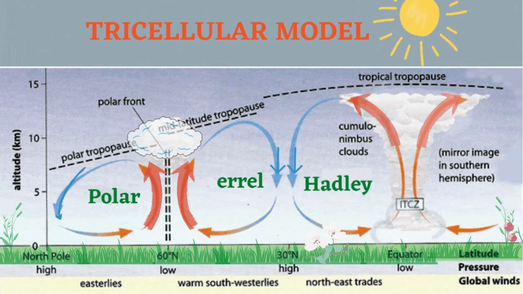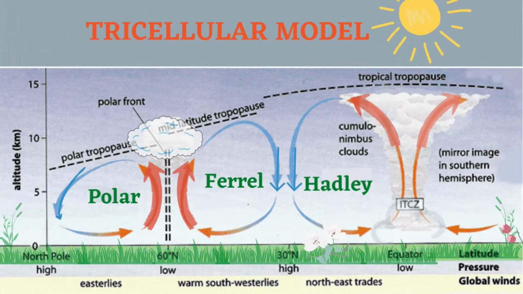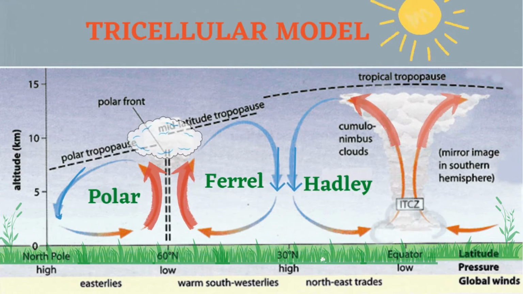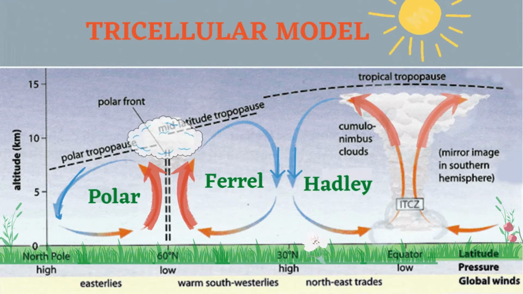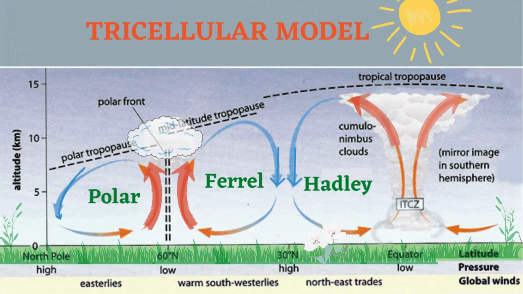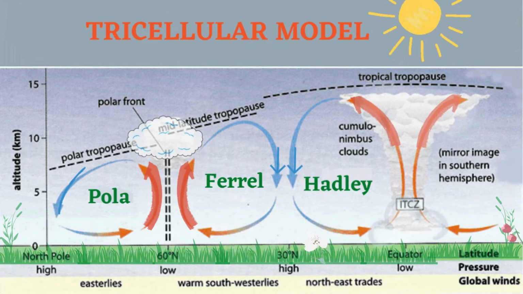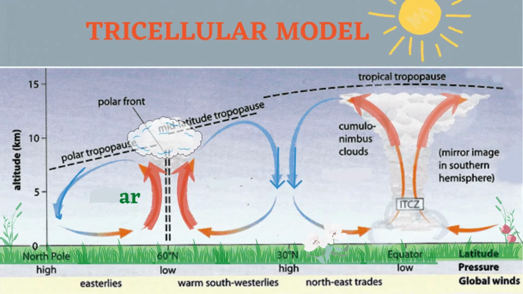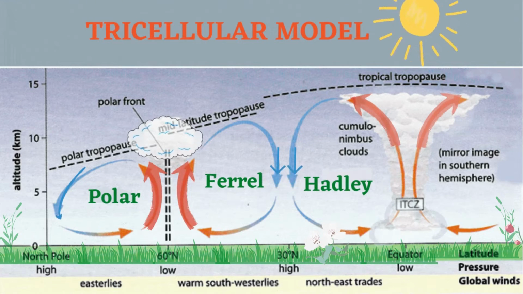The cell in the middle is the Ferrel cell. In this cell, air rises due to convergence at about 60 degrees, which is the subpolar low, flows equatorwards in the upper atmosphere, sinks again at the subtropical high pressure belt before returning to the subpolar low at the surface.